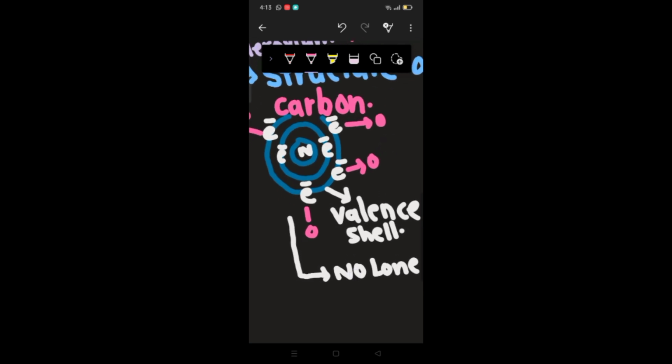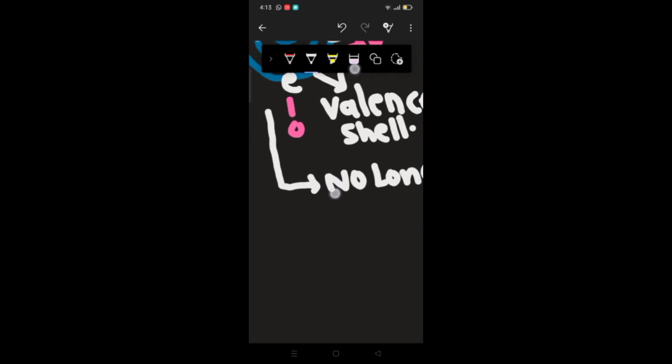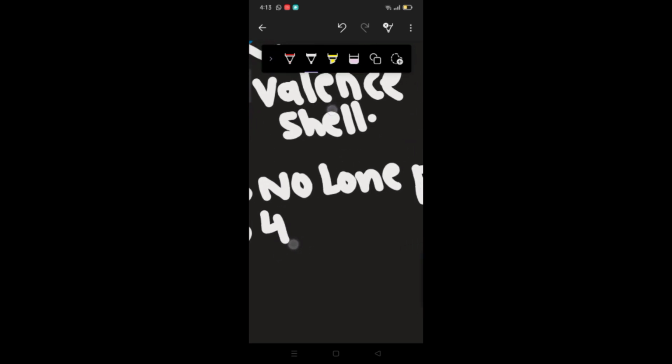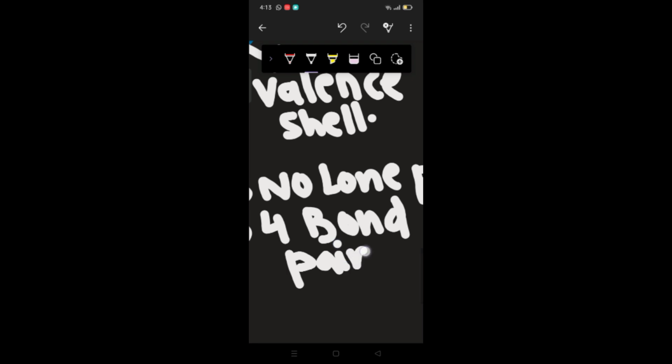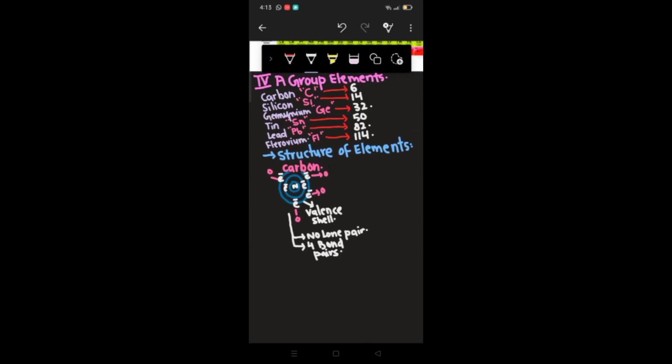So it means it has 4 bond pairs. It needs 4 more electrons. So carbon is an element which has no lone pair, and it has 4 bond pairs.